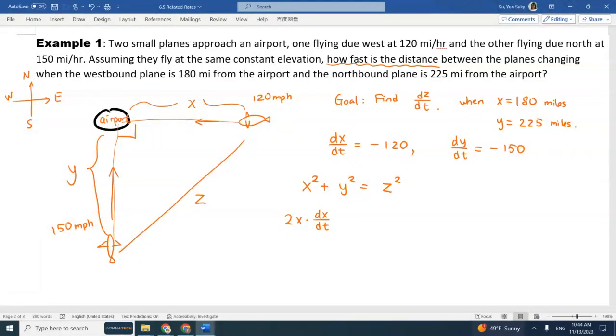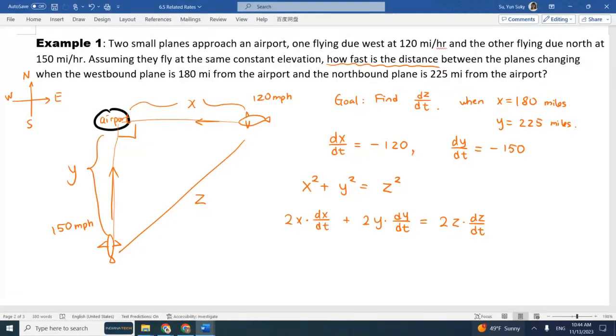Okay, what's the derivative of y squared? 2y times dy dt. What's the derivative of z squared? Yes, very good. Oh, can you see all the terms have common factor 2?